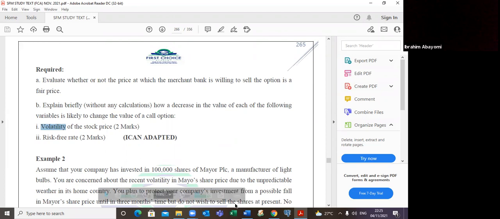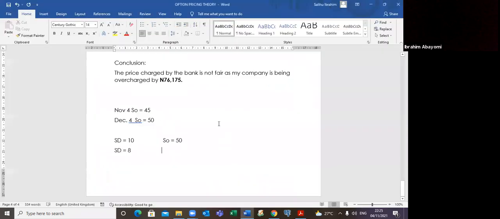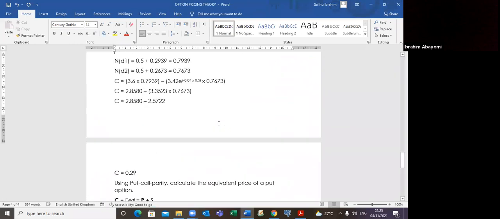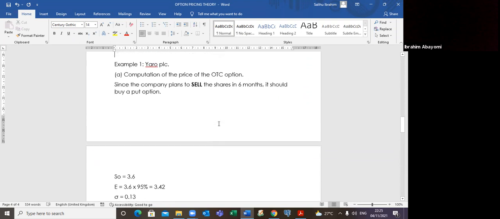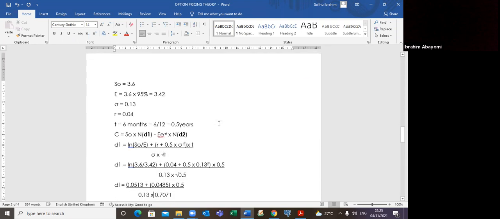So let me go and show you here. I'll go back to that call formula. This one here, look at it. This RA is the risk-free rate. The higher the risk-free rate, the lower the present value of the exercise price.